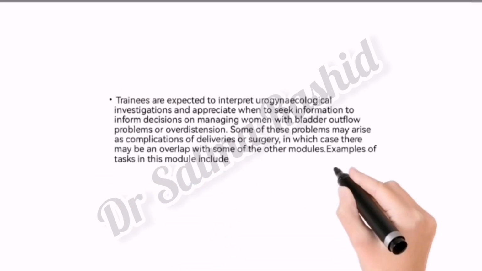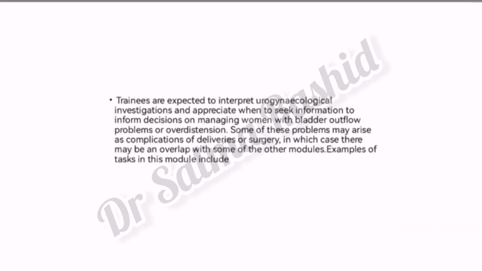Trainees are expected to interpret urogynecological investigations and appreciate when to seek information to inform decisions on managing women with bladder outflow problems or overdistension. Some of these problems may arise as complications of deliveries or surgery, in which case there may be an overlap with some of the other modules.